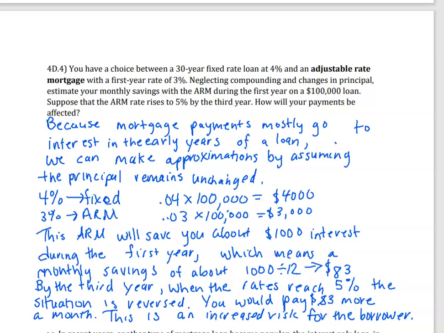But the problem is that this adjustable rate mortgage goes up to 5% on the third year, which is going to make you pay almost $83 more a month. So an adjustable rate mortgage is just very, very risky for the borrower. If you're the one that's taking out the loan, you want to really consider not taking out an adjustable rate mortgage. It could really backfire on you because it could go up to 10% or something that's drastically high.